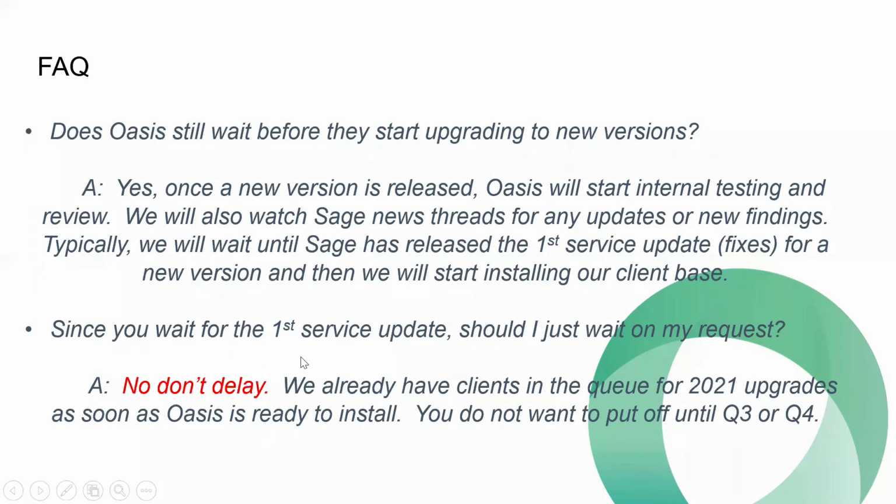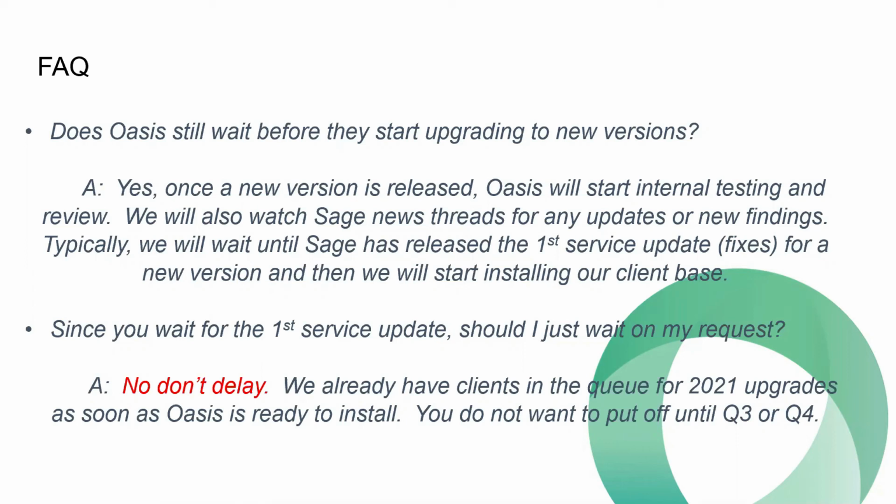So with that, since we wait until the first service update, typically, some people will say, well, should I just wait until June and send my request in? If you are needing to upgrade, or on a supported version but wanting to upgrade, I would not delay the request. We already have several clients in the queue that have signed off and are waiting for the 2021 version.